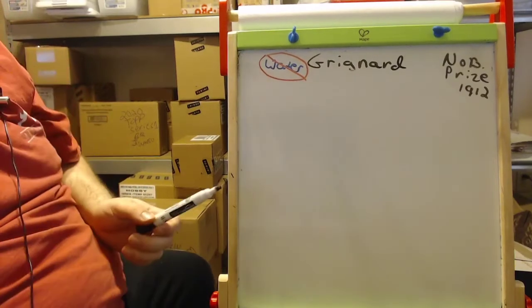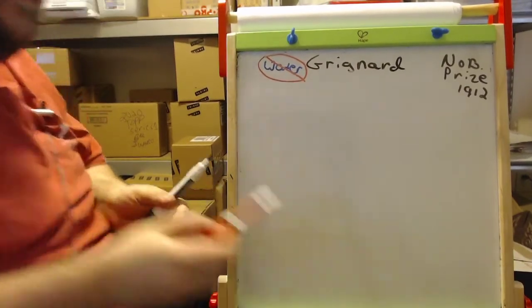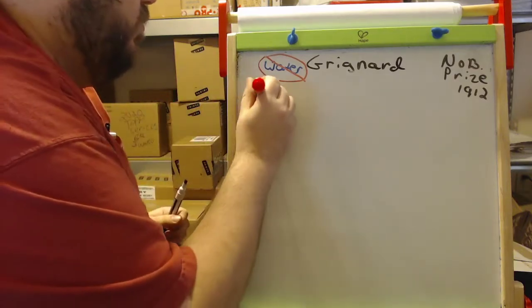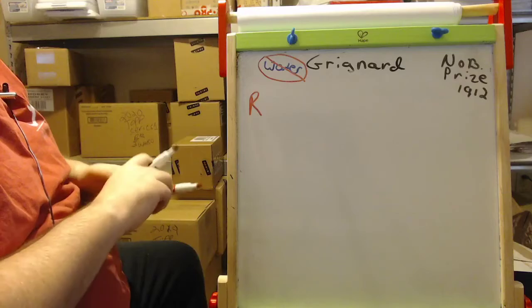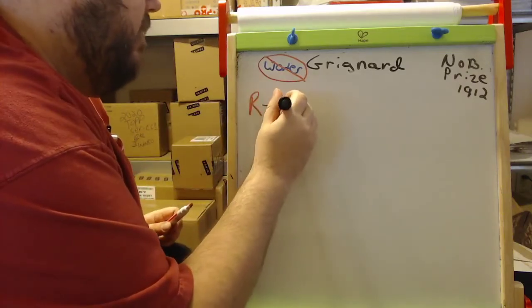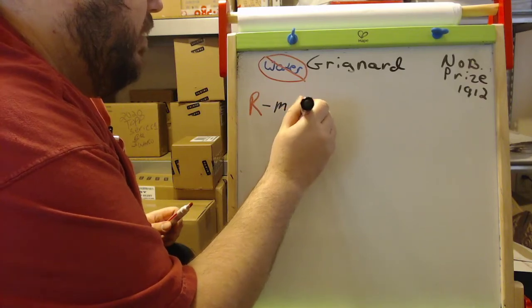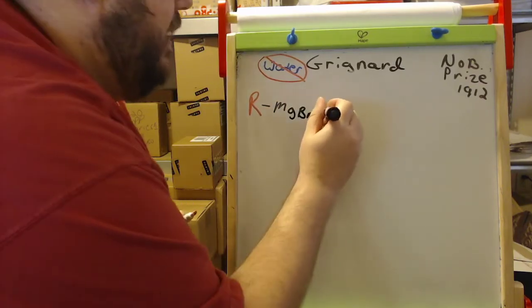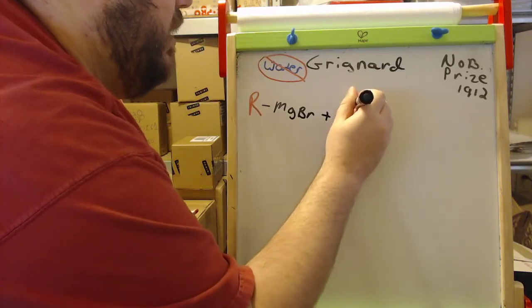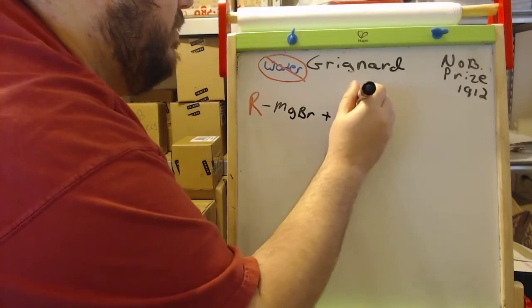Okay, so let me get red out here. So let's say we have our Grignard reagent, MgBr. And we're going to add to it an ester.